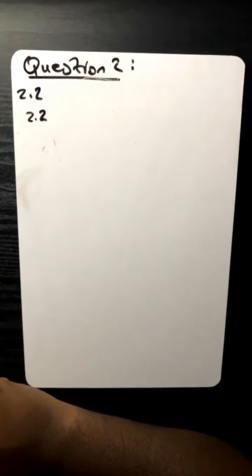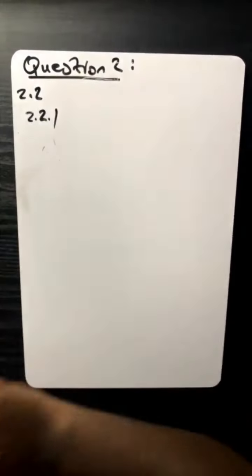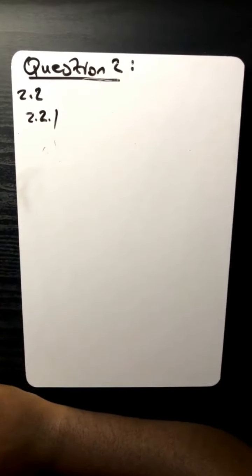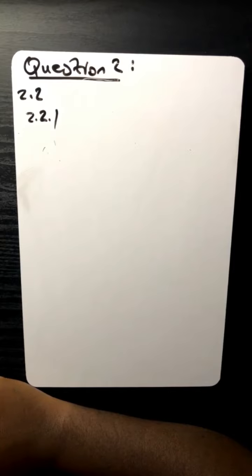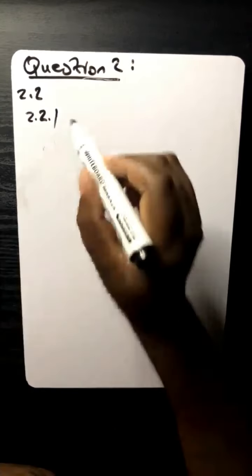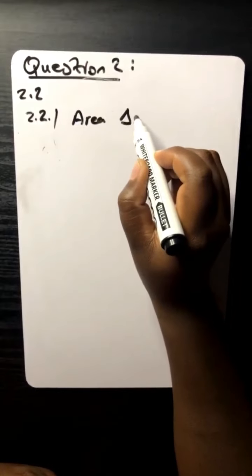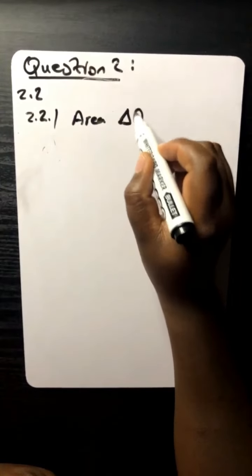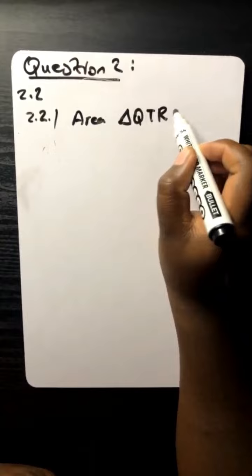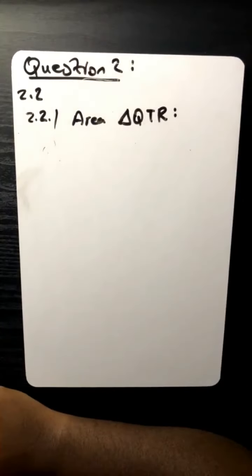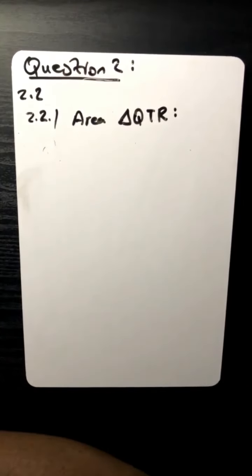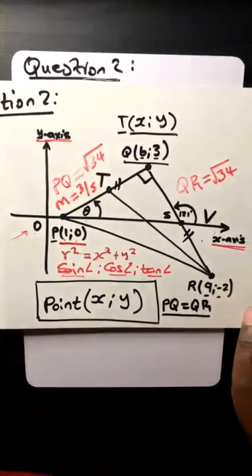So we are now on question 2, looking at question 2.2.1, which says, calculate the area of triangle QTR. This is exactly what they want you to calculate.